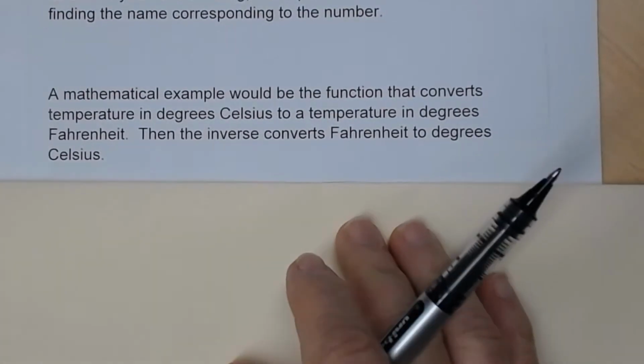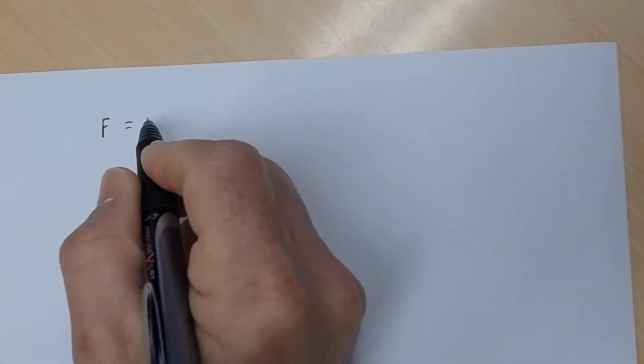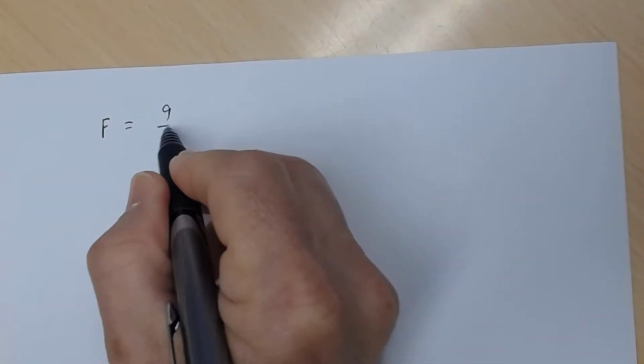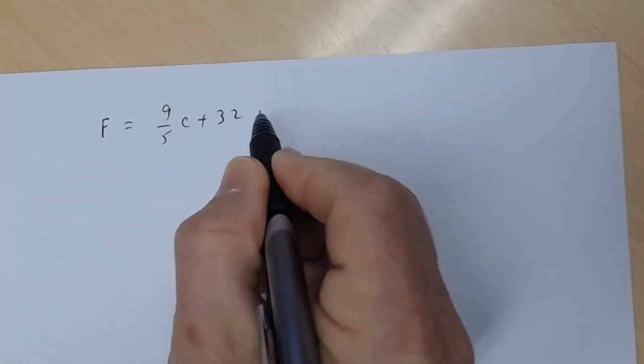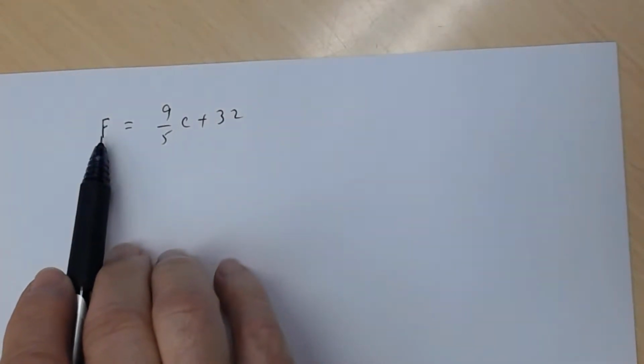If you look at the formulas for those two, the formula for converting Celsius to Fahrenheit, where you're trying to find Fahrenheit, is F = 9/5 C + 32.